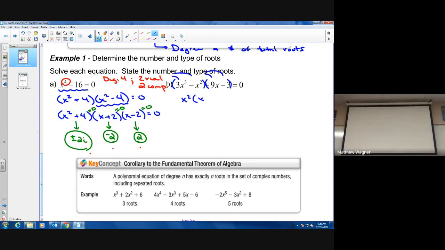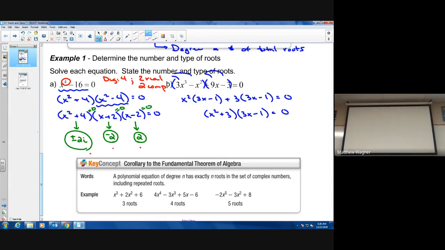We're going to take out an x squared, which is common. We wind up with a 3x minus 1. Take out a 3, we're left with 3x minus 1. Then we can factor again: 3x squared minus 1, and x squared plus 3.